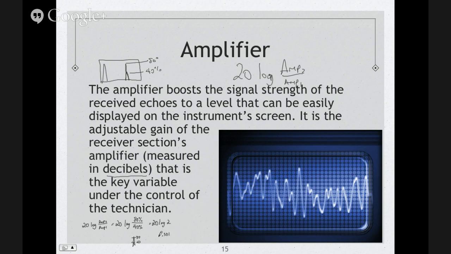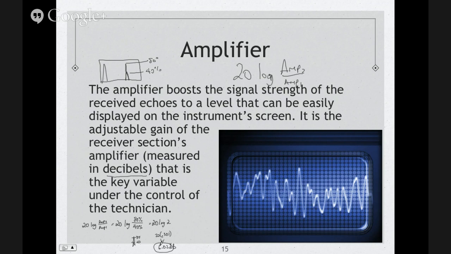And then when you multiply by 20, this answer would come out to 6.02. And what that means is if you increase your gain by 6.02 decibels, you would increase the amplitude of your indication from 40% to 80%. So you will double your indication.